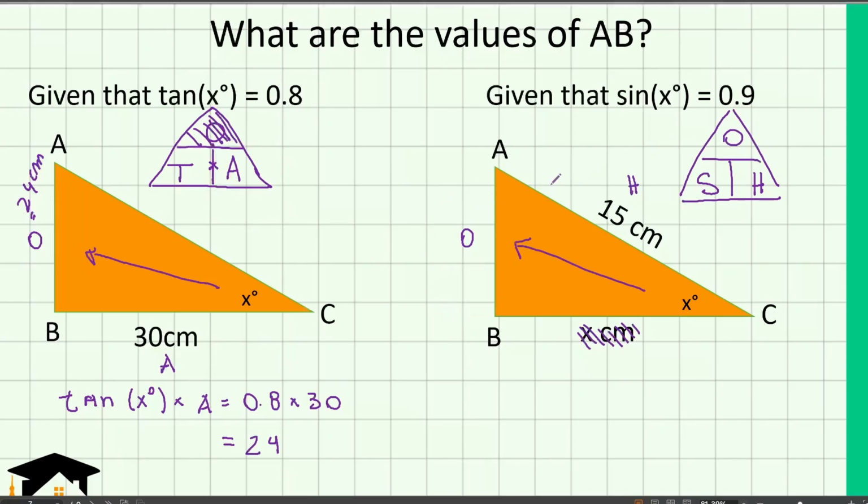Given that we want to calculate the opposite, we cross this one out, and it tells us that the solution will be multiplying the sine of the angle times the hypotenuse. The sine is 0.9 and the hypotenuse is 15 centimeters. This gives us 13.5. So AB, or the opposite side, measures 13.5 centimeters.